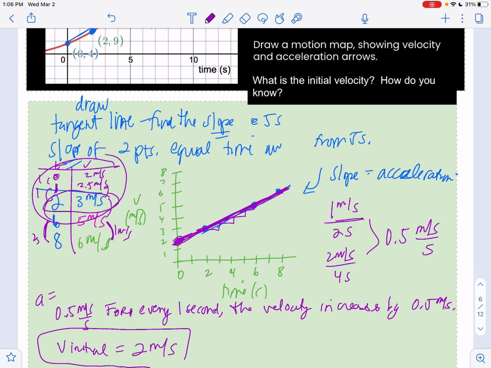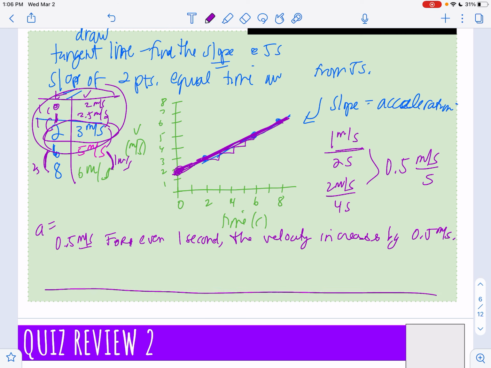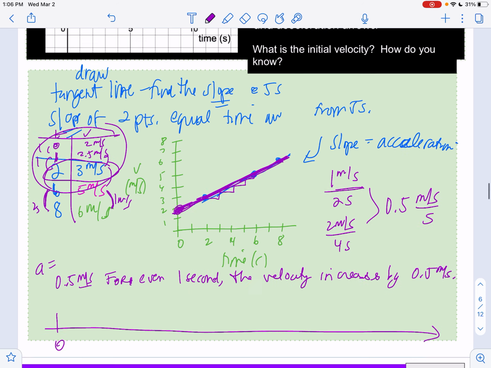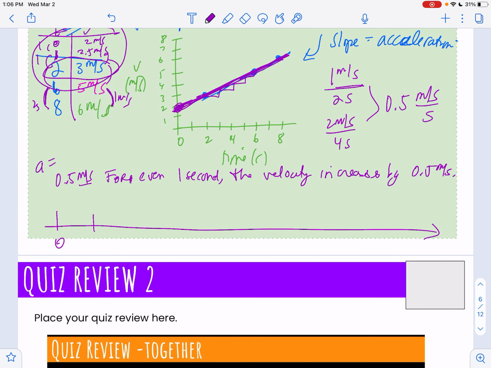The last thing we need to draw is a motion map. Let me erase this. I want the motion map to be roughly quantitative if you can. This motion map is based on the position, so I need to get all the way to about 50. However you want to scale it depends on the sheet.